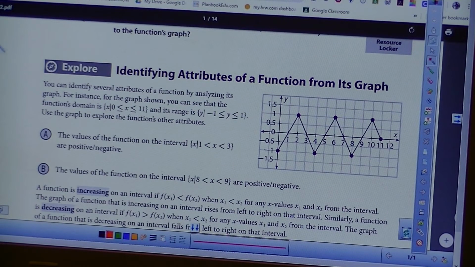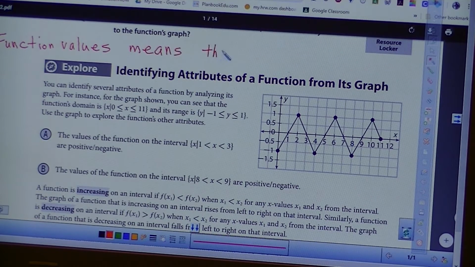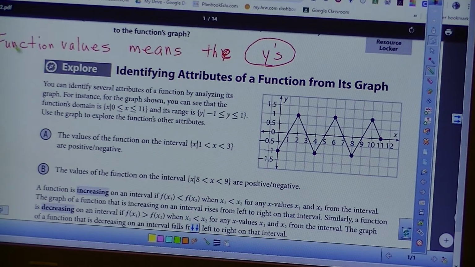Whenever they talk about function values, what they're meaning is the y's. What are the y values? When they start talking about the function and this word value, what they're talking about is the y values.